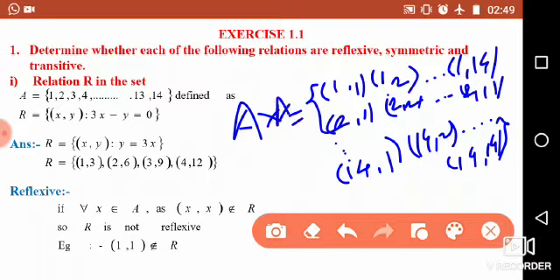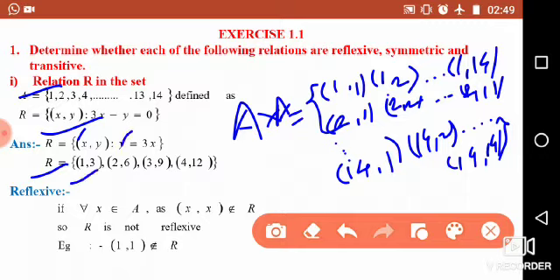Now that relation is already defined. The given relation R is in set builder form, and the given set is a finite set. Therefore, we are supposed to get the roster form of the relation R. If x is 1, we get y is 3.